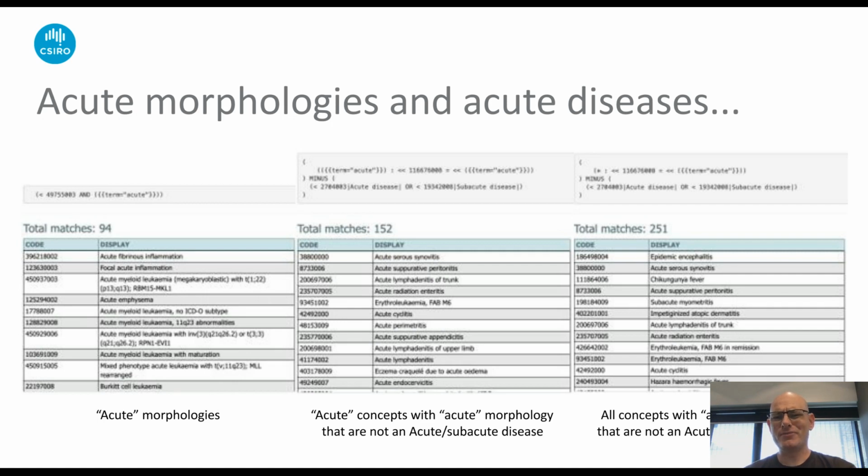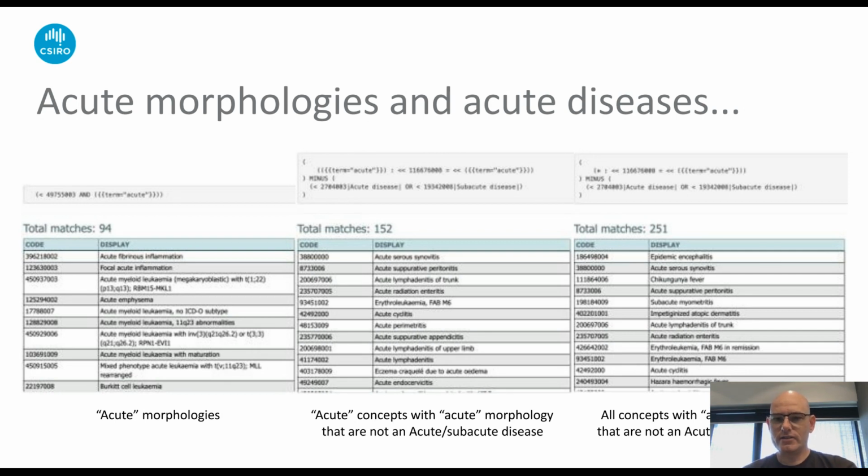Taking this one step further, we just had a bit of a look into the acute morphology. So you can see here that there's 94 acute morphologies. I'm just looking for that ECL, looking for morphologies that include the term acute, executed against OntoServer.